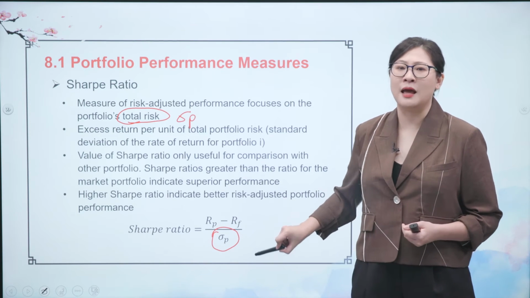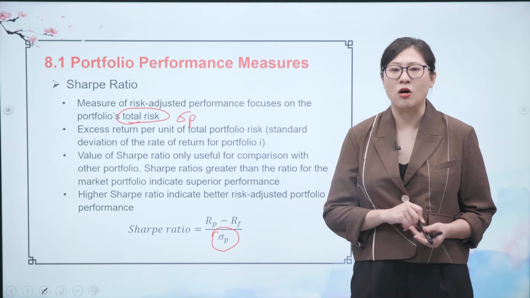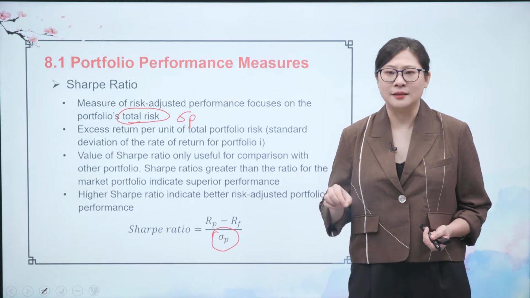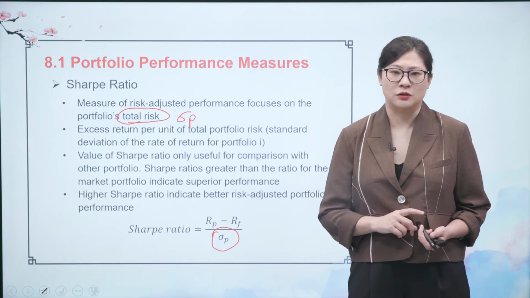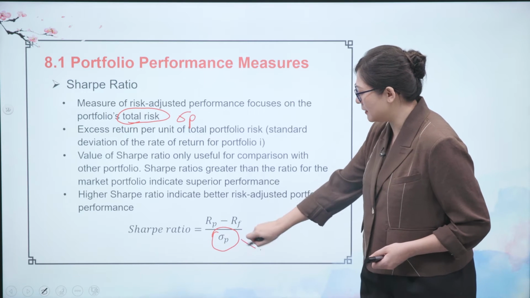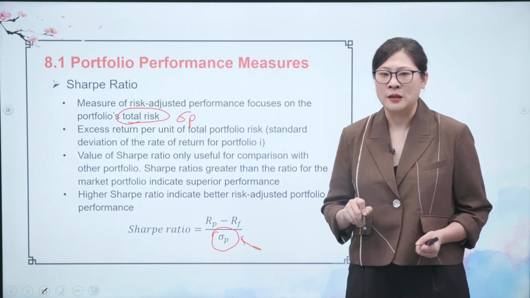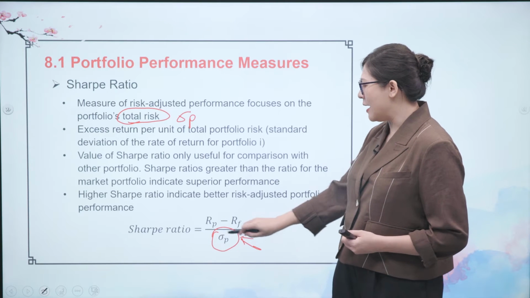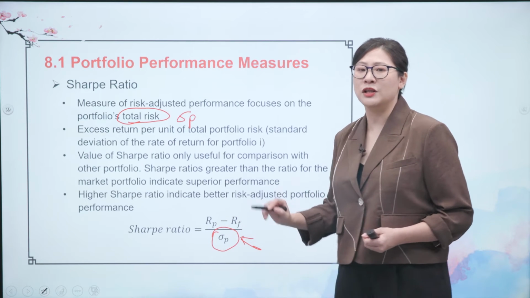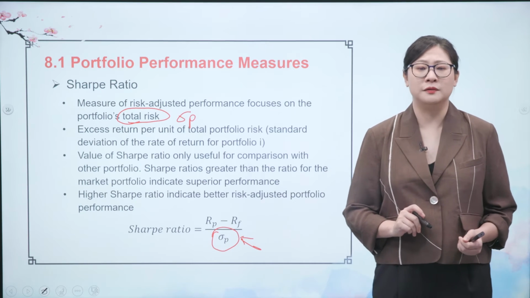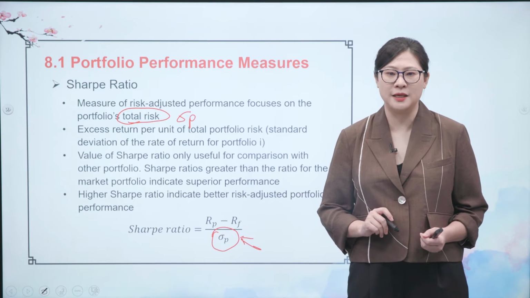This sigma p measures the total risk, including the systematic risk and the unsystematic risk. So that's the big difference between the Sharpe ratio and the Treynor ratio. And the same, you can use i for individual assets as the subscript to substitute for the portfolio p here.